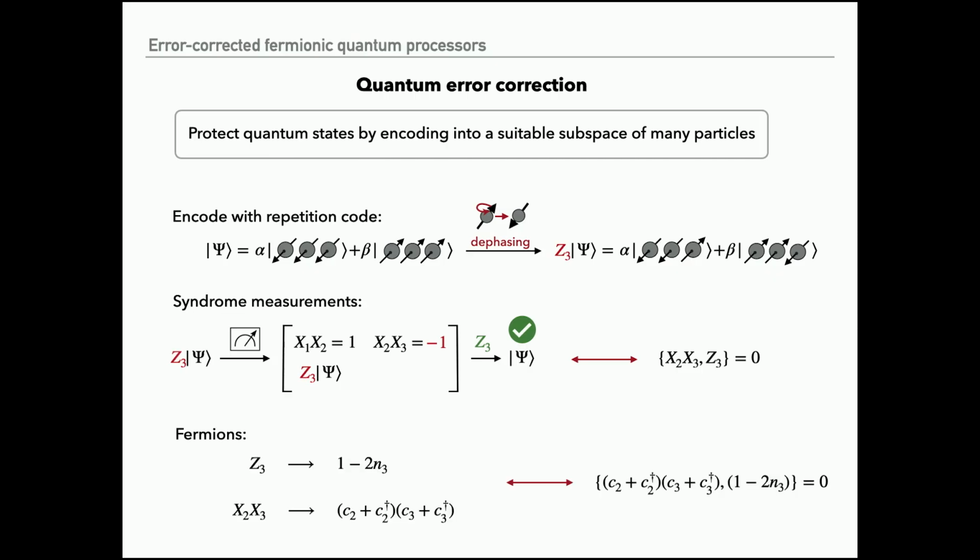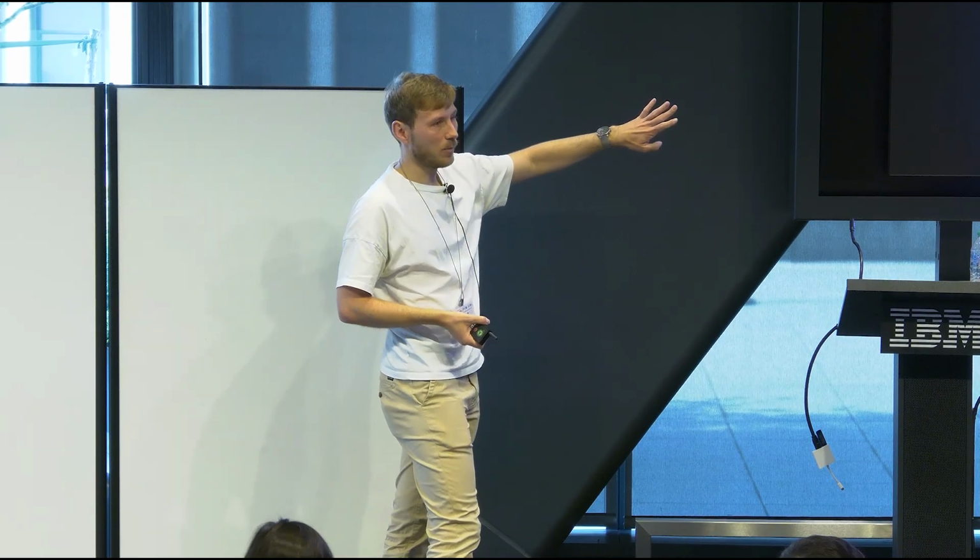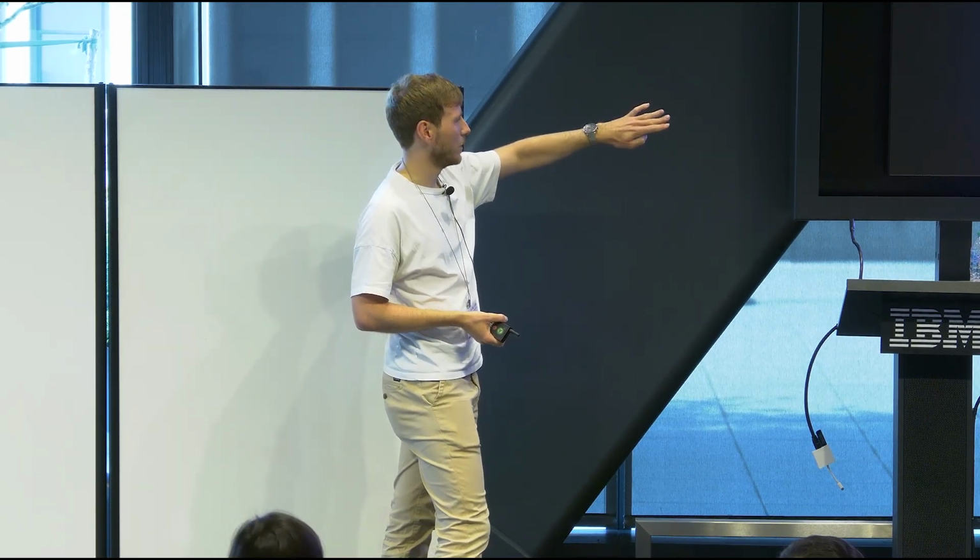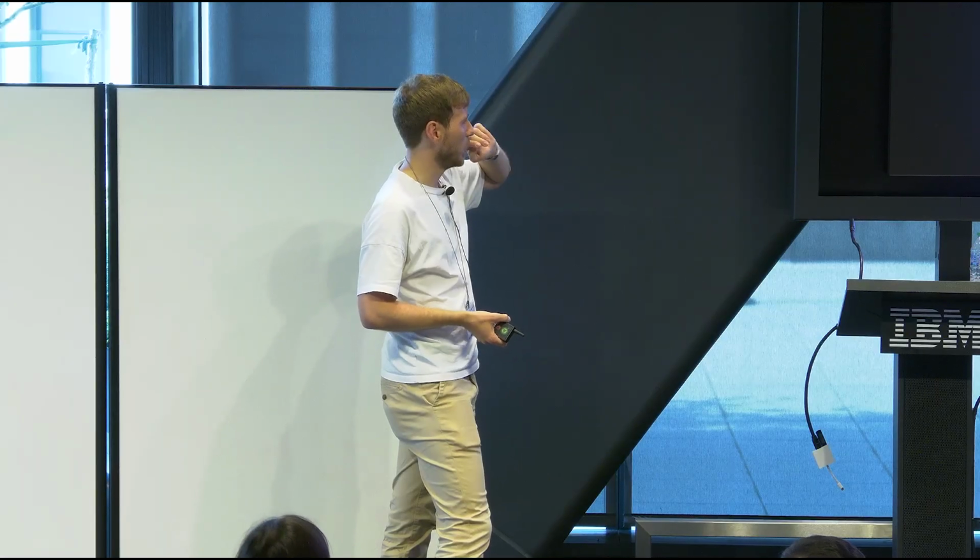So let's look at it for fermions. Suppose I have this array of fermions in the tweezers. Some of the tweezers, for technical reasons, might fluctuate, and you get a relative phase imprinted that you don't know and that you didn't want. This essentially maps to this parity operator that I wrote here, 1 minus 2 times the occupation of this third mode.